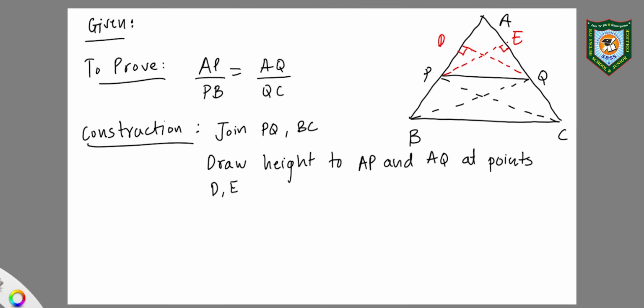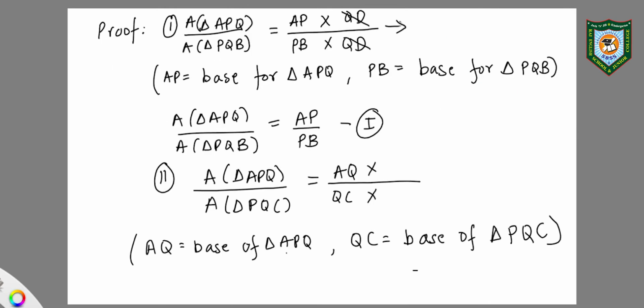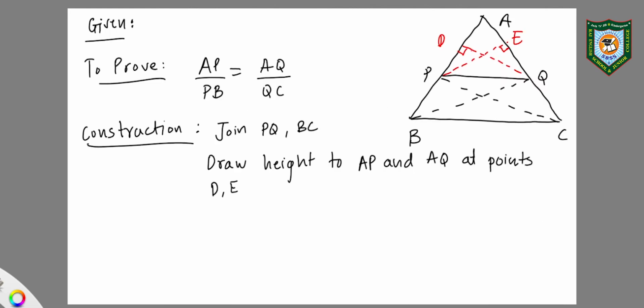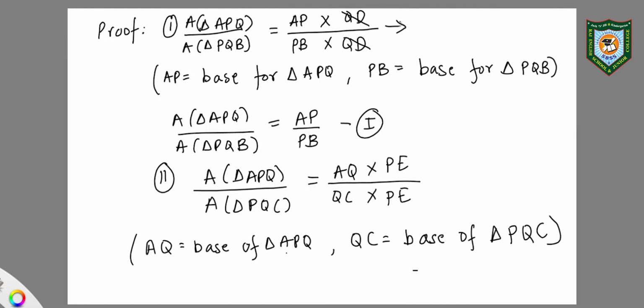The reason we are assuming PE is so that some values can be cancelled from the numerator and the denominator. If I take QD as height for area of triangle APQ, the PE in the denominator will not cancel out, and I'll have an extra term to solve. And as you have learned earlier, fewer variables allow us to solve the equation or any type of questions much more easily.